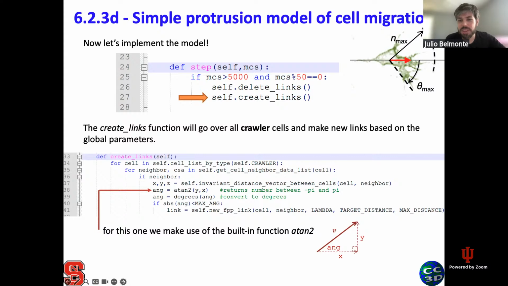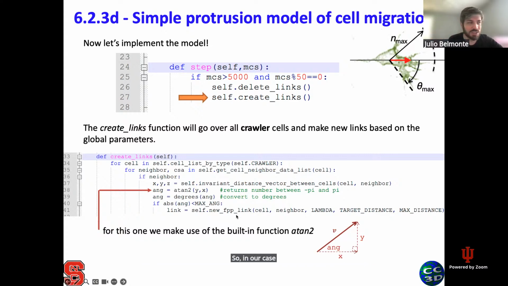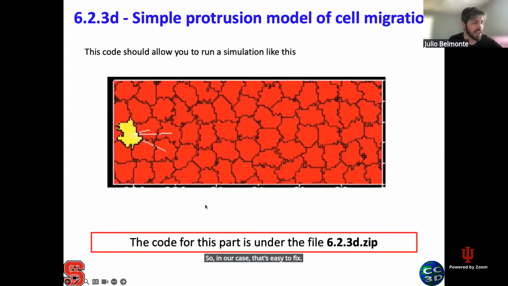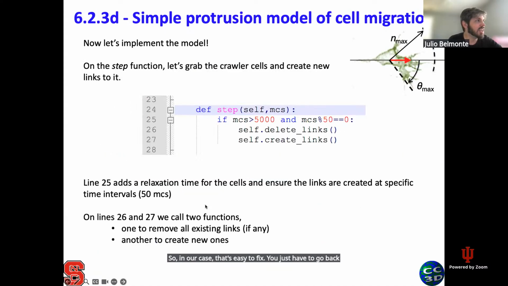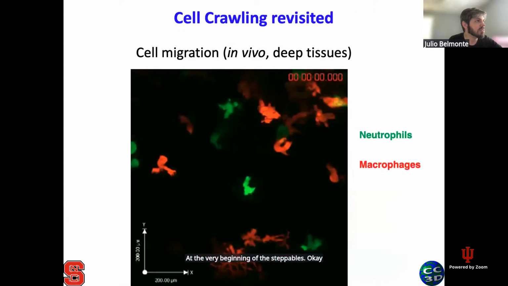Okay, Kaya. To get the arc tangent function, you have to import the math library. So in our case, that's easy to fix. You just have to go back here at the very beginning of the steppables.